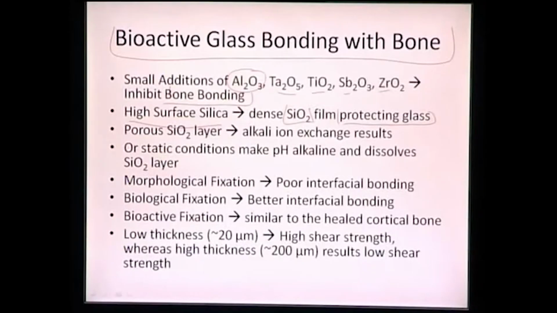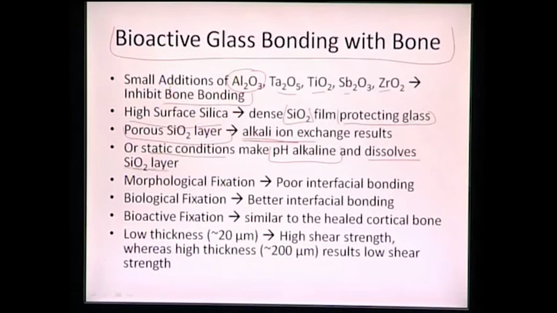So once you have a porous silicon oxide layer, that will lead to alkali ion exchange. Once the layer is porous enough, it can lead to alkali ion exchange with the solution which was present earlier. But again, some static conditions can make the pH alkaline, and then that can dissolve the silica layer.